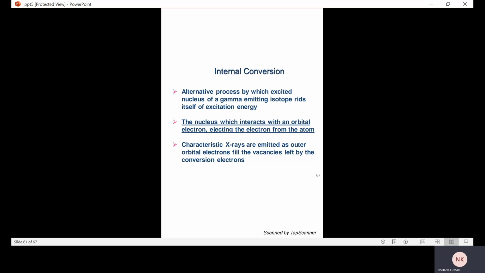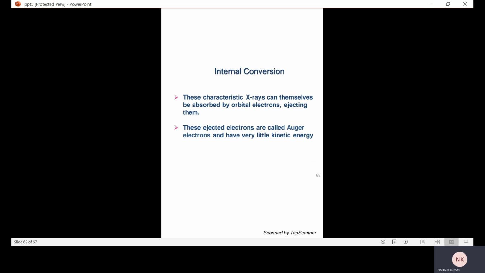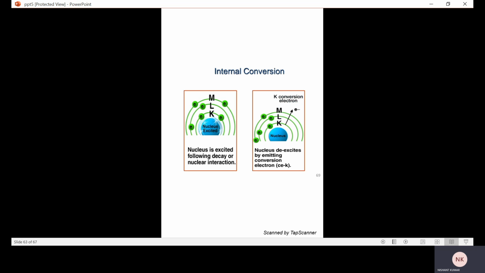Characteristic X-rays are emitted as outer orbital electrons fill the vacancies left by the conversion electron. These characteristic X-rays can themselves be absorbed by orbital electrons, ejecting them. These ejected electrons are called Auger electrons and have very little kinetic energy.